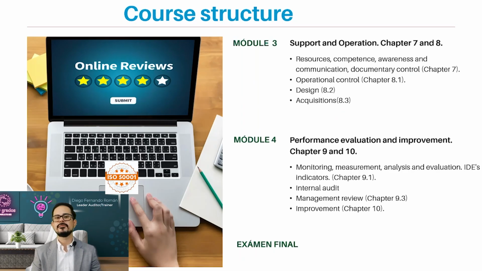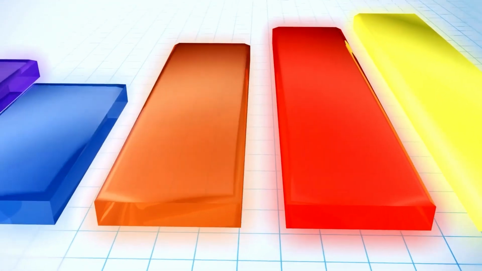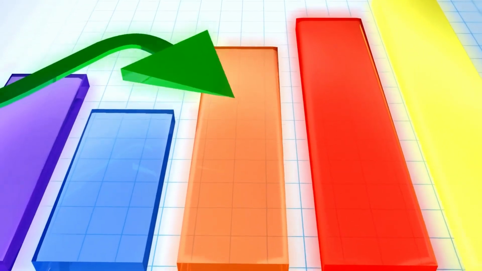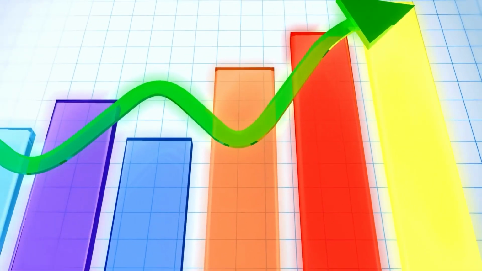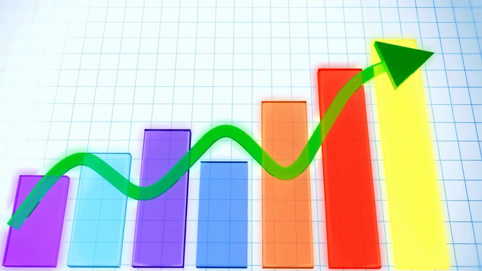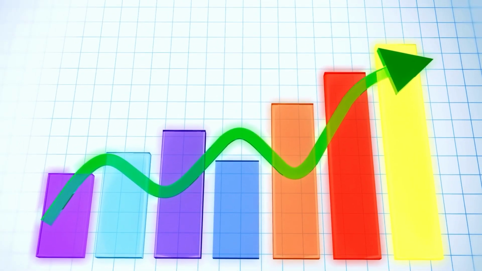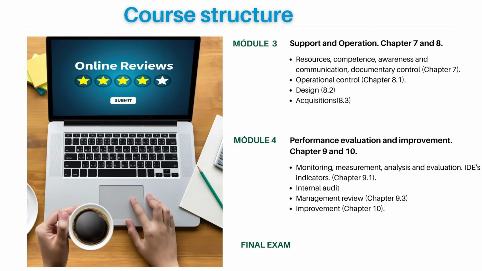Module 4 is performance evaluation and improvement, focusing on chapters 9 and 10. We will cover monitoring, measurement, analysis, evaluation, internal audit, nonconformity, management review, and improvement. Finally, we wrap up the course with a comprehensive final exam.